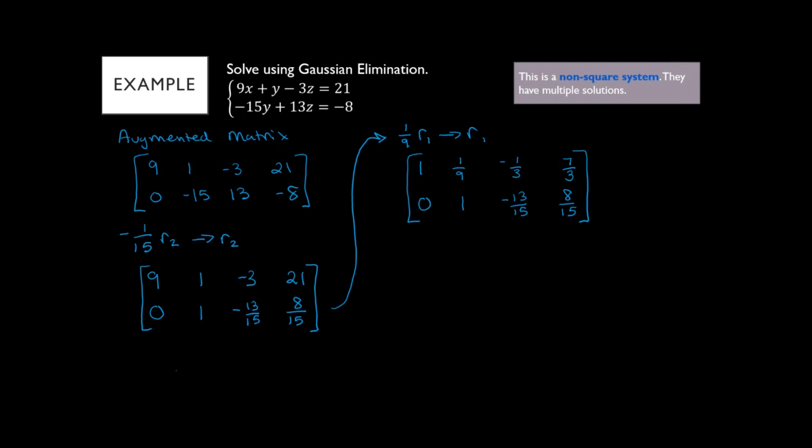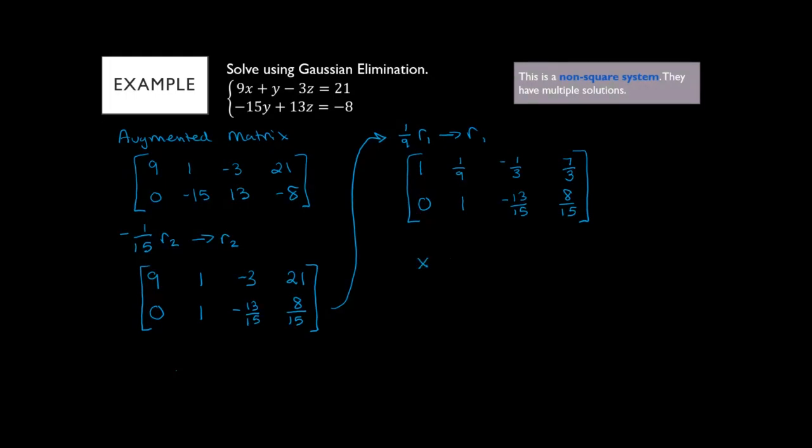Now normally, I kind of prefer when I'm doing a system like this where I know there's going to be infinite solutions, I actually prefer doing reduced row echelon form, but it really doesn't matter. Now we're going to put this back into our system form.